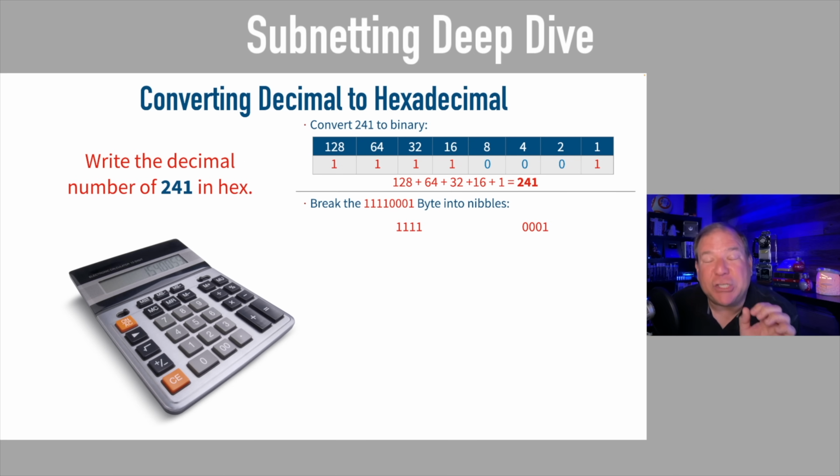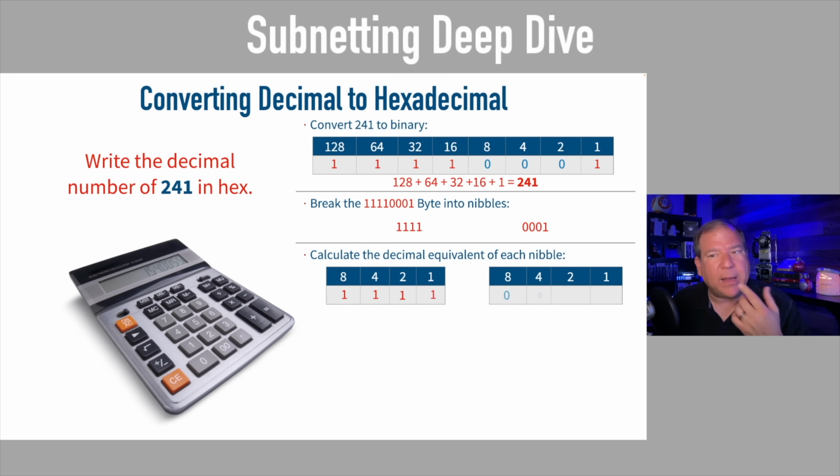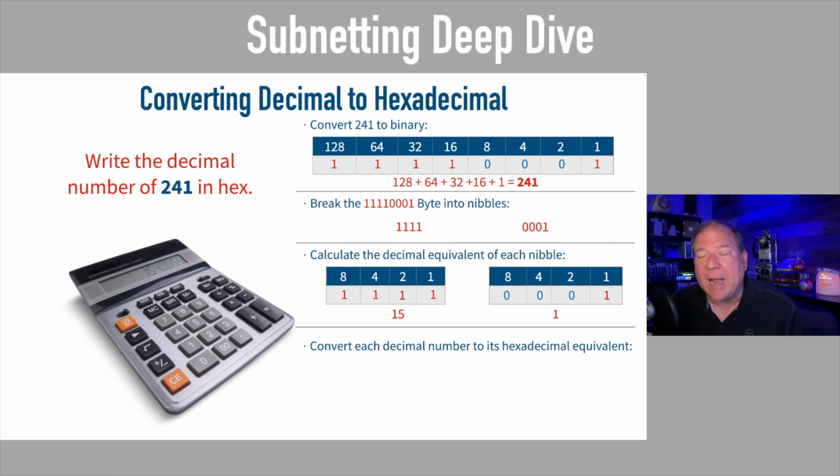Now, we're going to take each nibble and write its hexadecimal equivalent. For example, if I were to look at 1111 in isolation, in decimal, that's a 15. 8 plus 4 plus 2 plus 1. Well, that's going to be an F in hex. If I look at 0001 in binary, well, that's a 1 in decimal. That's a 1 in hex. So I convert a 15 into an F, and I convert a 1 into a 1.